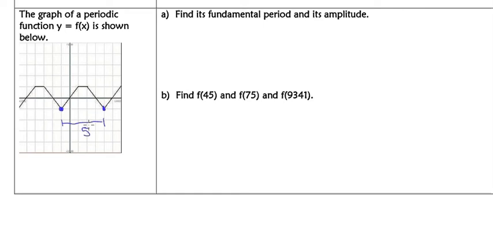Now you don't need to use that point. You can use any corresponding point. So this is the end of the little plateau up here to the next end of the plateau, still 5 units. But from any one point to that same corresponding point on the periodic function. So our fundamental period is 5.